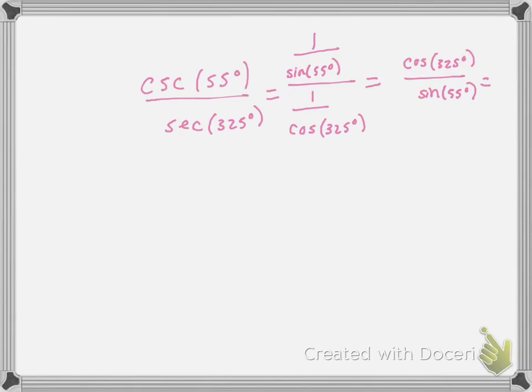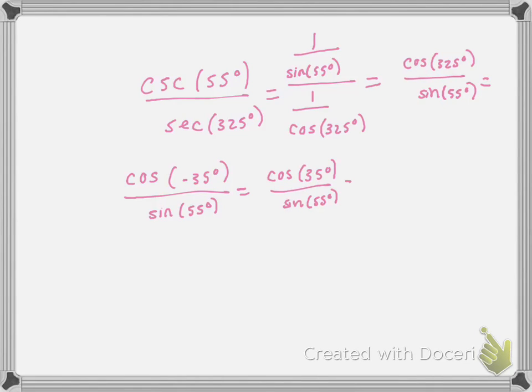And then this 325 degrees, using the unit circle, we know that there's a reference angle there of 35 degrees, which means that we can say this is also equal to cosine of negative 35 degrees over sine of 55 degrees. Now remember that cosine is an even function, which means that we can just make this cosine of 35 degrees over sine of 55 degrees. Now, what to remember here is that cosine and sine work on a 90-degree period, right?